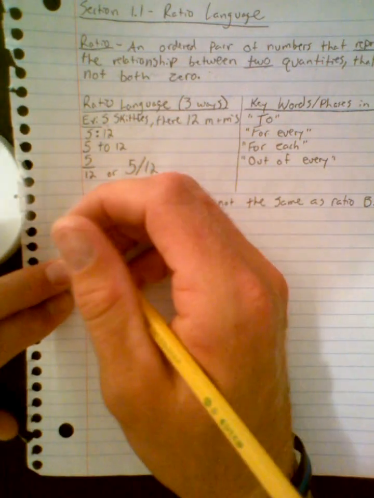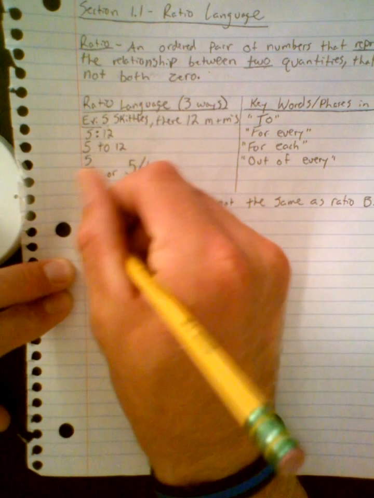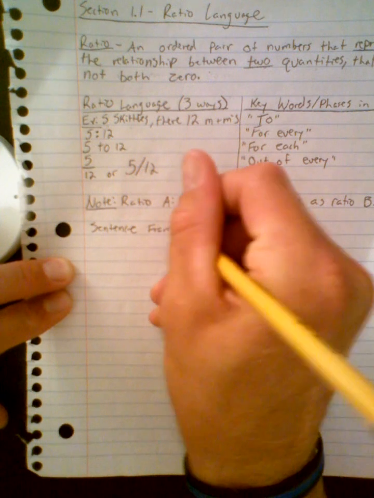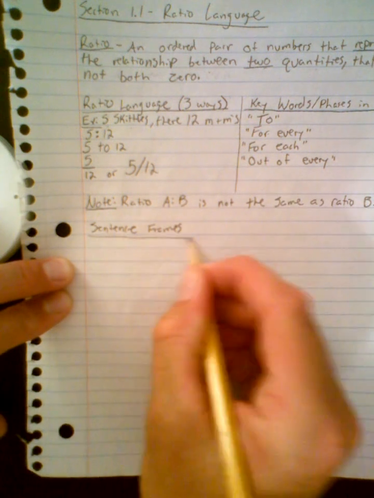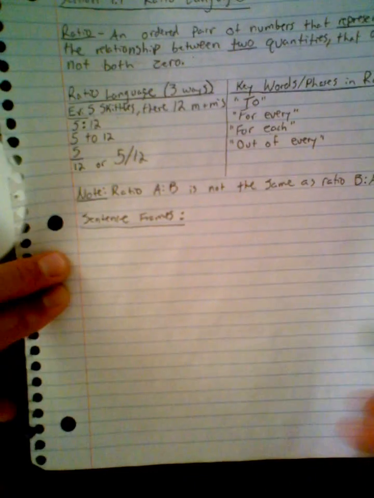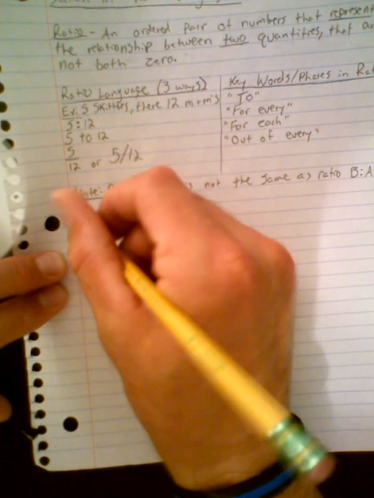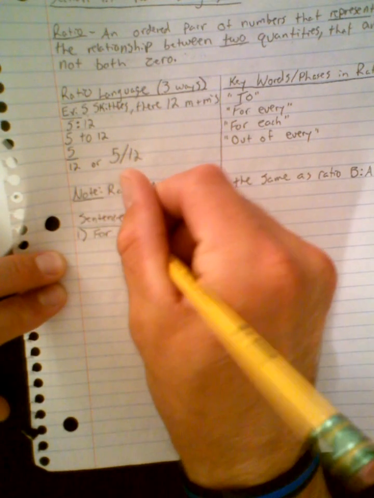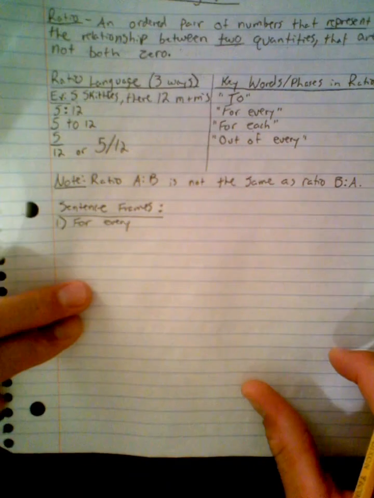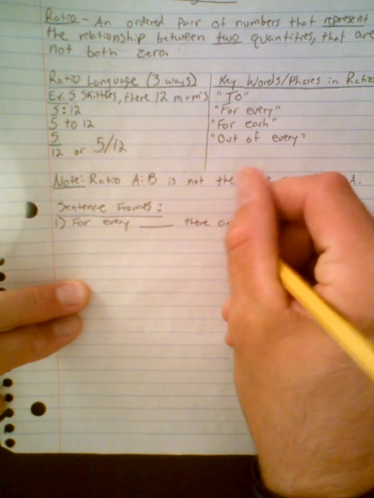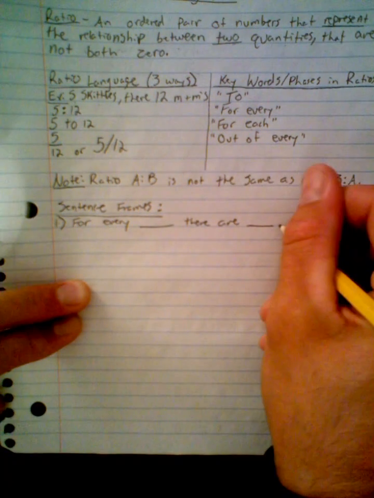So there are a few sentence frames that you'll need to know. And this is how our ratios really get started. You'll see this one very often. This first one is, for every blank, there are blank.